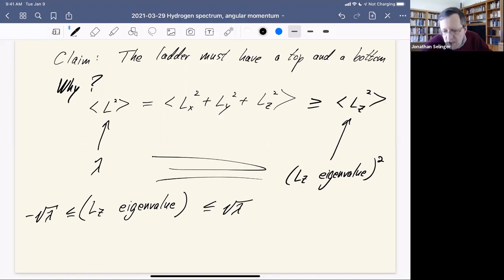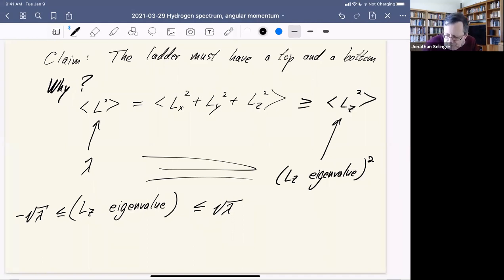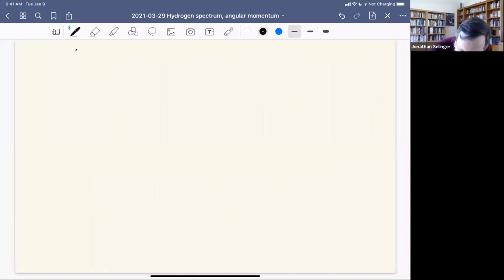That's a limit at both ends, and so there must be a top and a bottom. The top cannot be higher than the square root of lambda. It might be lower than the square root of lambda, but it can't be higher.